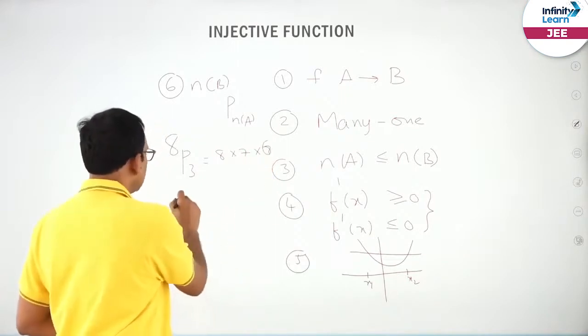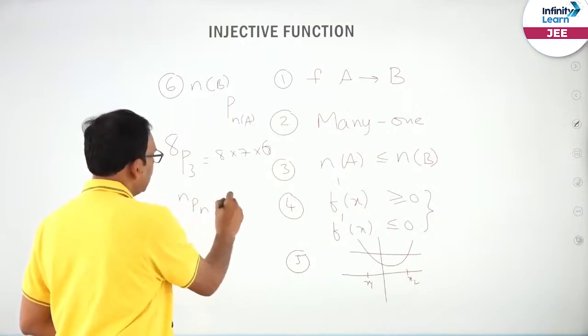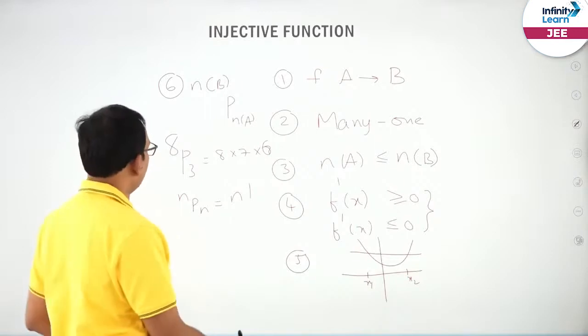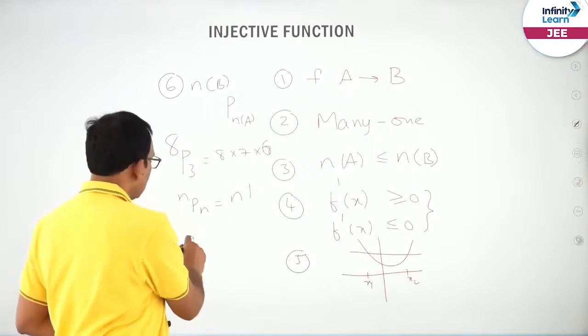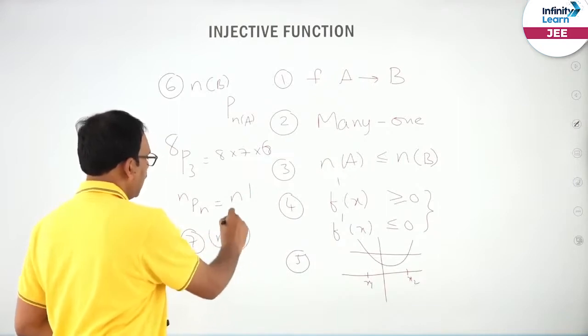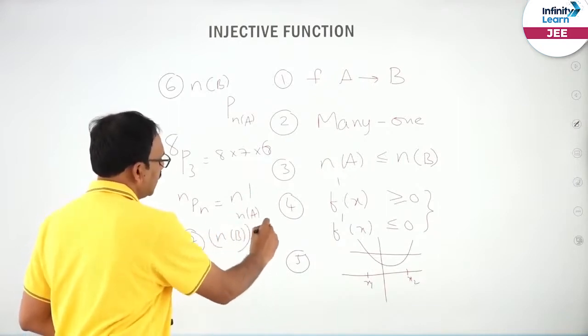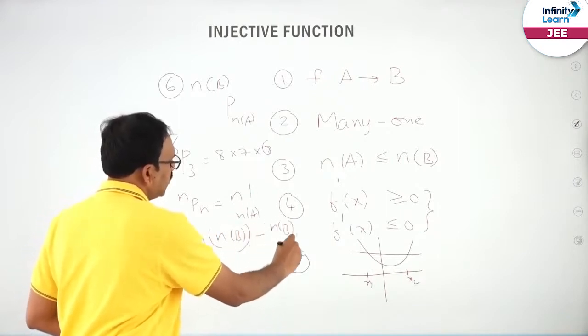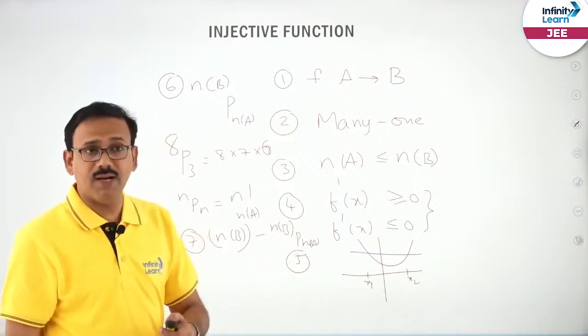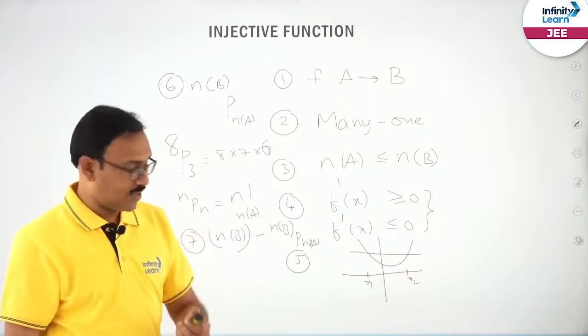Of course friends, nPn will become n factorial. If you want the number of many-one functions, then total number of functions n(B) power n(A) minus the number of 1-1 functions, you can write. All these points we have discussed elaborately in the previous video, right friends.